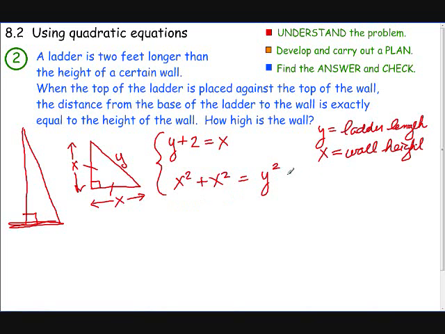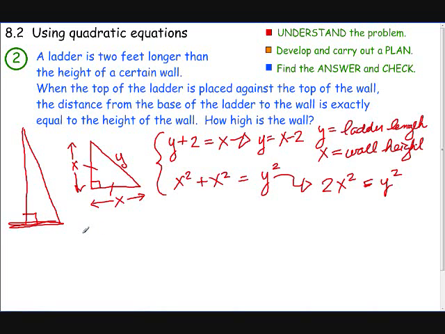This equation here could be rewritten as 2x squared equals y squared. So maybe I could rewrite this one too, because I want to solve for x. If I subtract 2 from both sides, I could say y equals x minus 2.